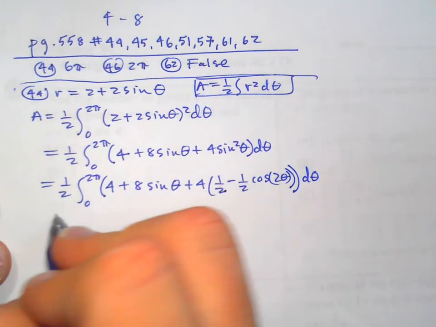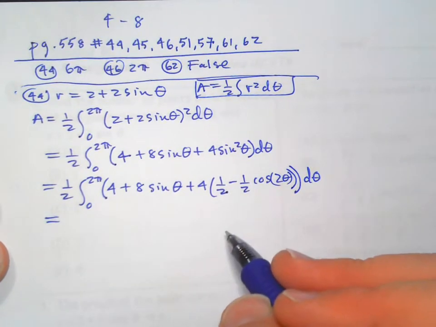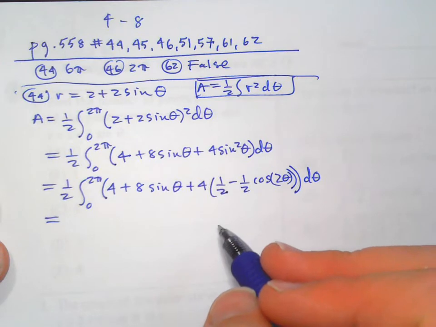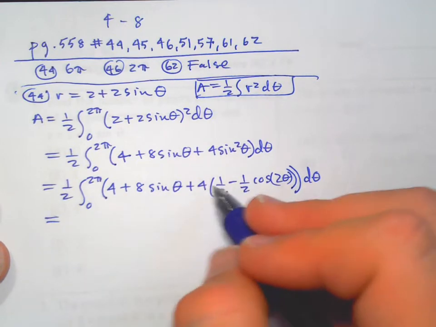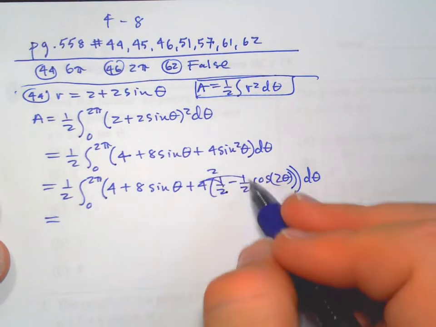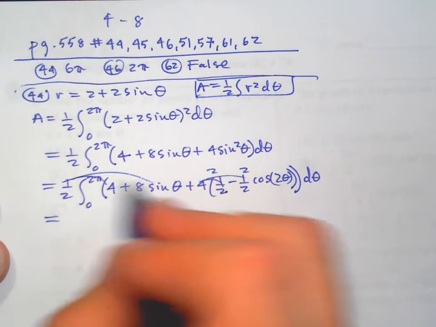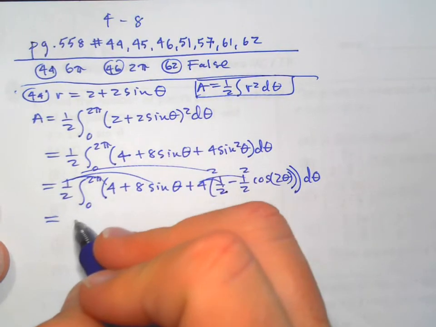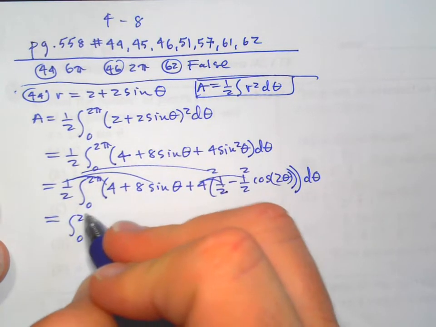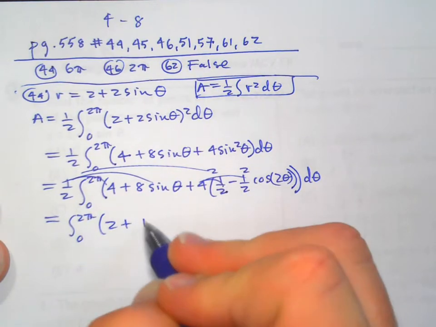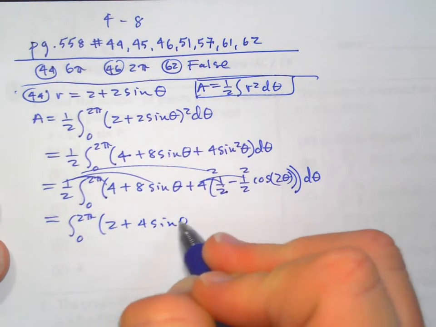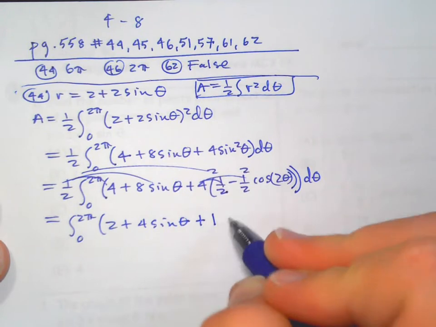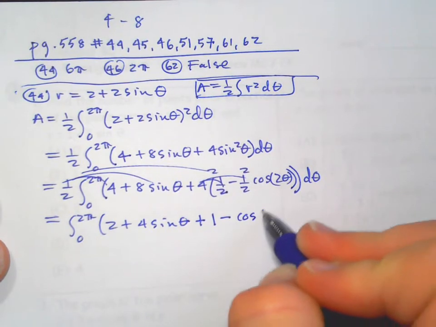Now, I think it might be nice to just go ahead and get rid of all these fractions. So like these are going to be 2's, right? And then you can distribute this 1/2 and everything. So it's the same thing as 2 plus 4 sine theta plus 1 minus cosine 2 theta.